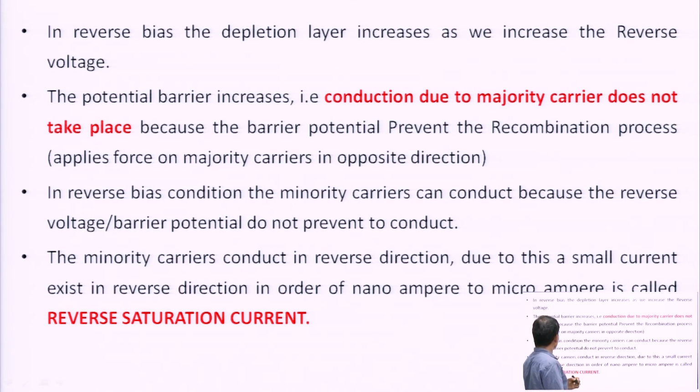In reverse bias condition, the minority carriers can conduct because the reverse voltage barrier potential does not prevent them to conduct. The minority carriers conduct in reverse direction, due to this a small current in reverse direction in the order of nanoampere to microampere flows. Already I have discussed these terms.